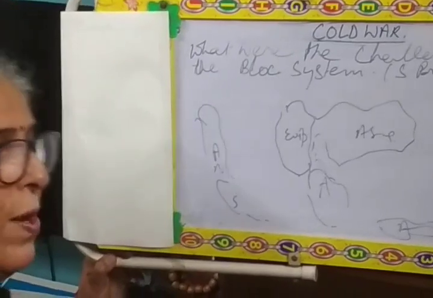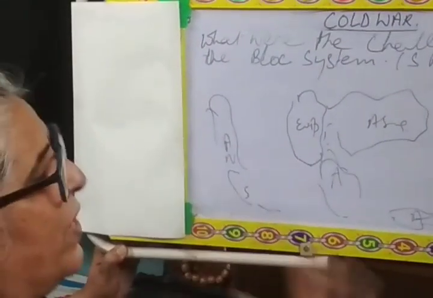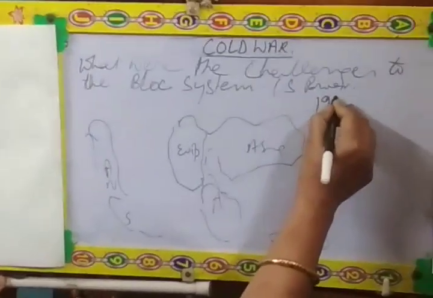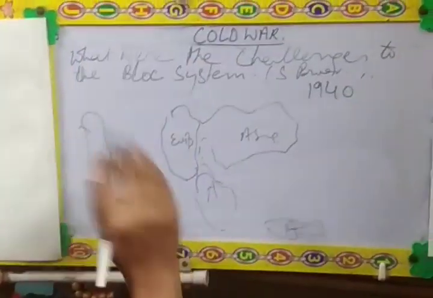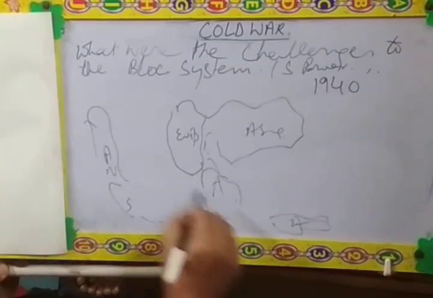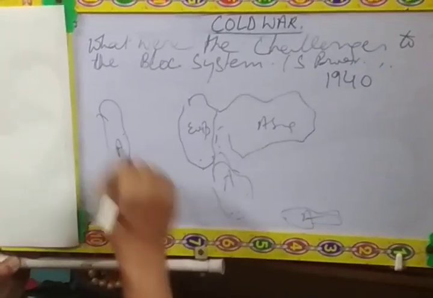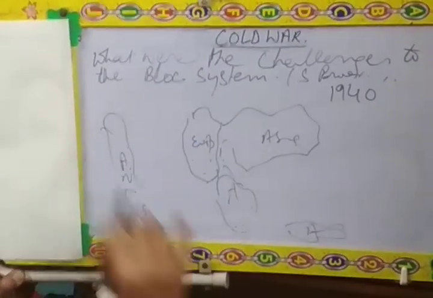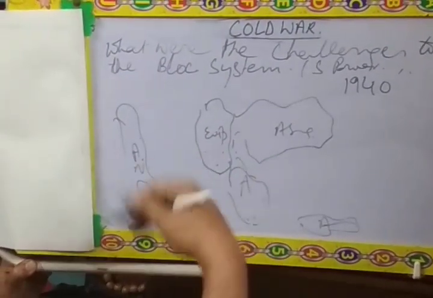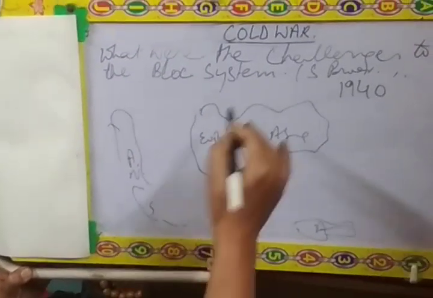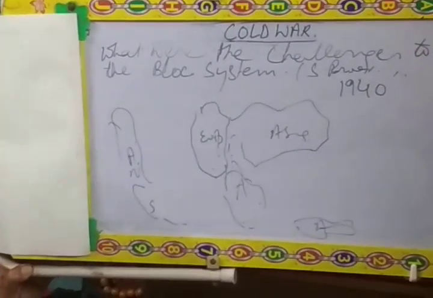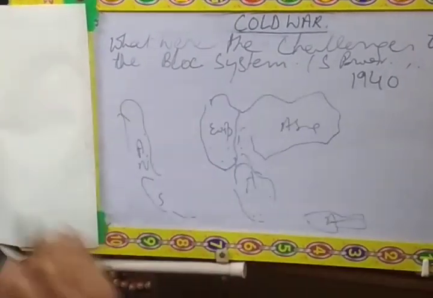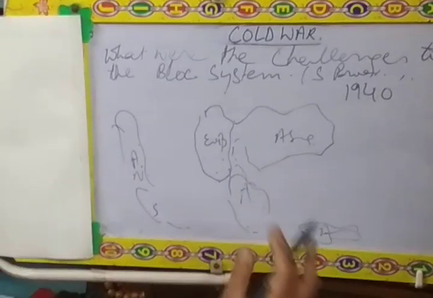process of colonization. Each country had colonies, and during the period of 1940s onwards, the countries which were under America, UK, Holland, France, or any other developed powerful country, Russia, Soviet Union, for example, mainly the African and Asian countries, were coming closer.